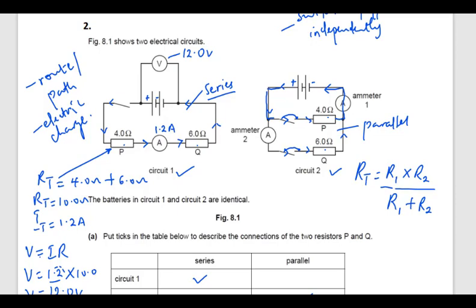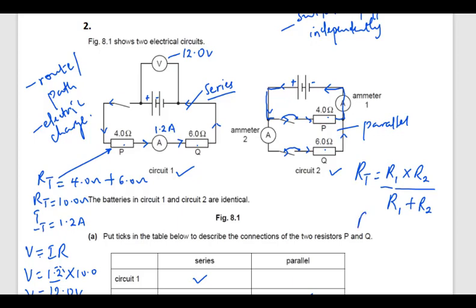Just look at how many resistors we have here. We have two resistors. Look at their resistances one by one. This one 4 ohms, 6 ohms. Multiply them, divided by the sum of the two resistances. Do you understand?